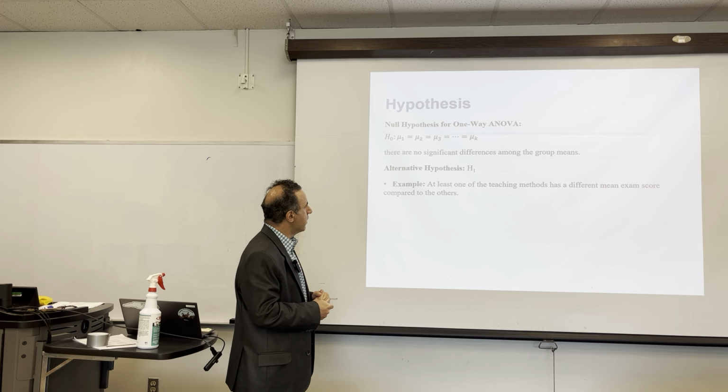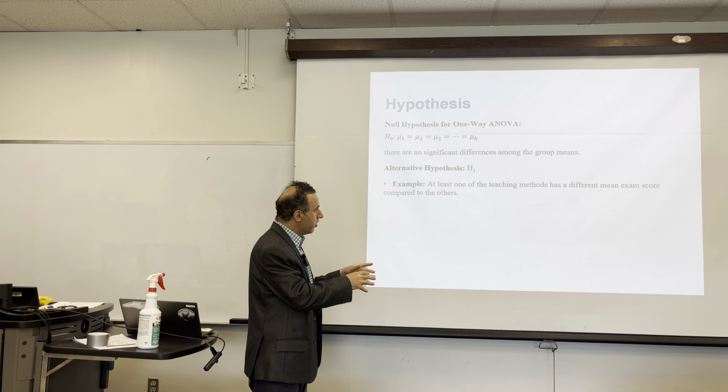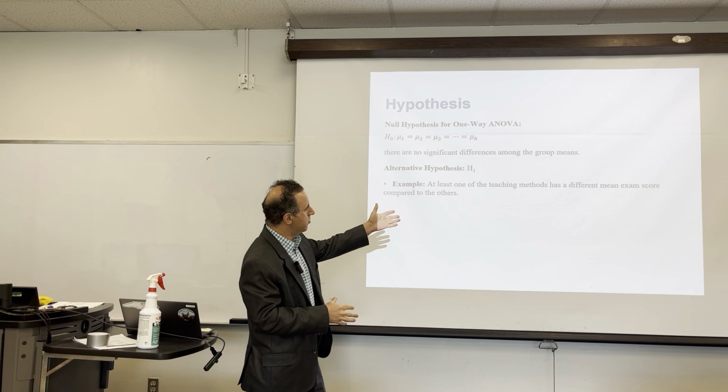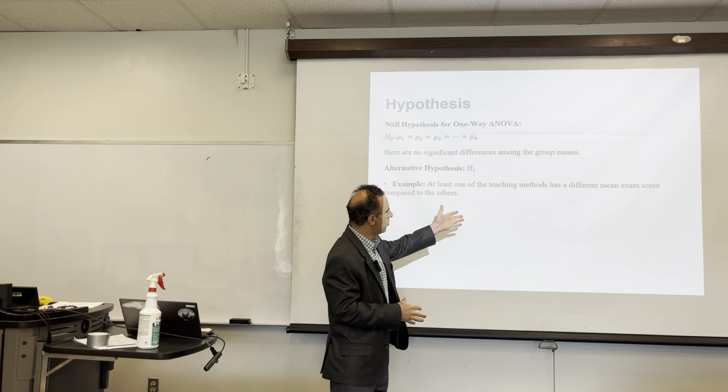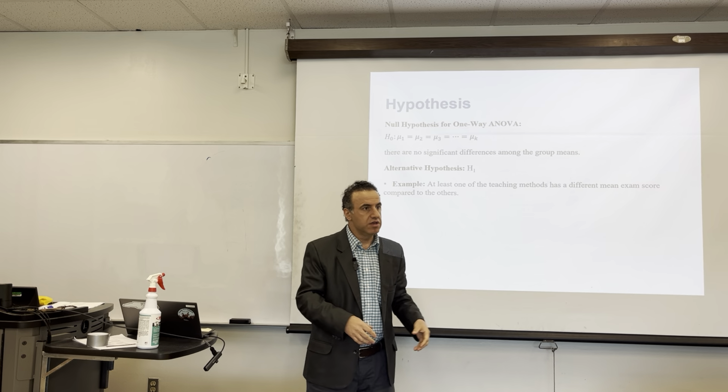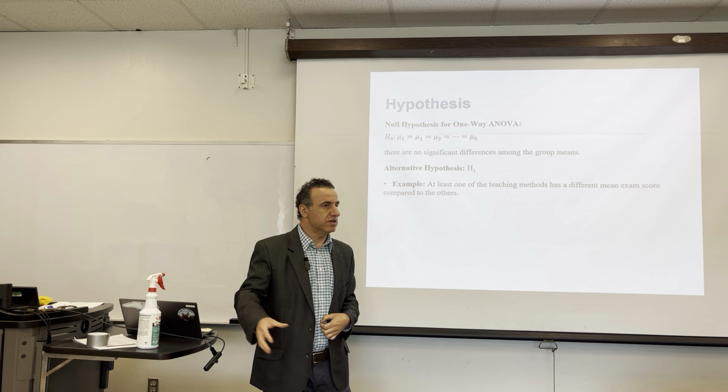The alternative hypothesis is that at least one of the means differs. Last week we were talking about teaching method. It can be machine, it can be hospital. You have several hospitals, their recovery time for one disease in one hospital is 5 days, in another hospital is 4 days.